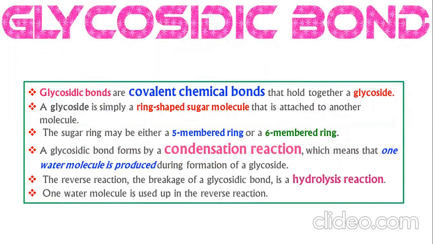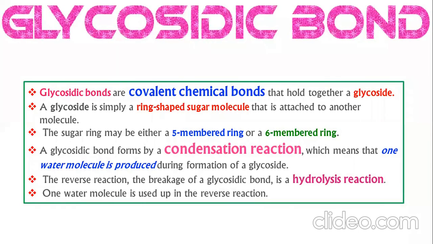glycosidic bonds are covalent chemical bonds that hold together glycosides, the chemical bond that holds 2 monosaccharides together. A glycoside is simply a ring-shaped sugar molecule. Here ring-shaped sugar molecules are monosaccharides, right? So the sugar ring may be either a 5-member or 6-member ring.